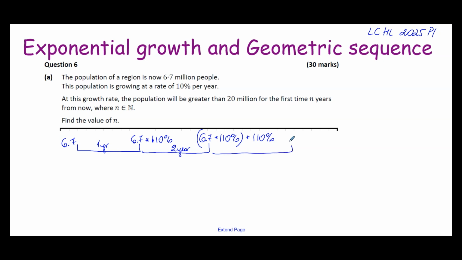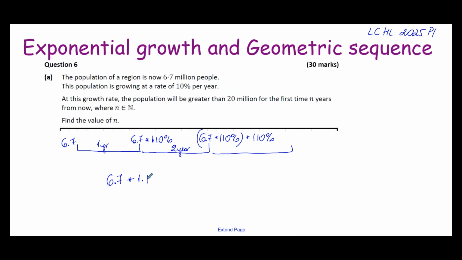And so on, we can keep going. So that's how it works. Therefore, the more years, the more times I'm going to be multiplying by 1.1, which is 110%. So the way it will work is 6.7 multiplied by 1.1.